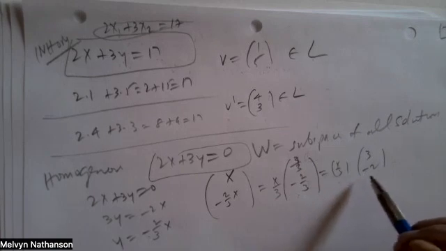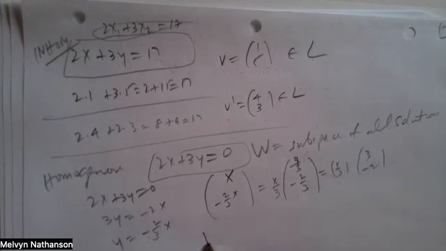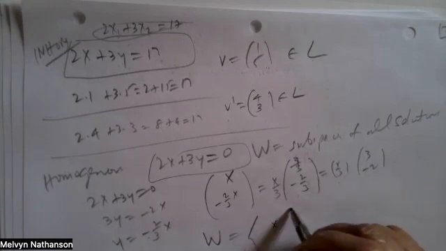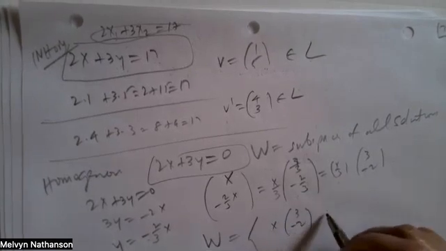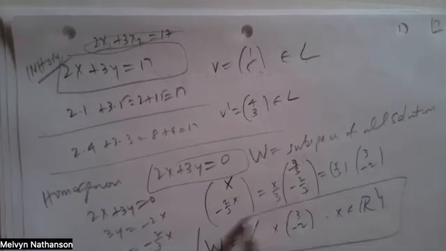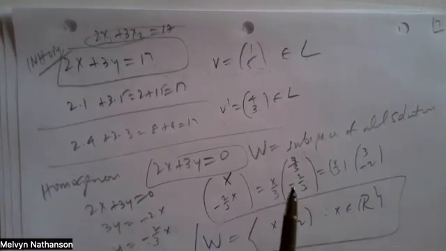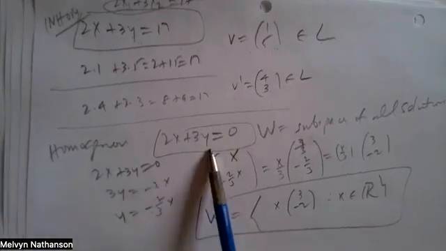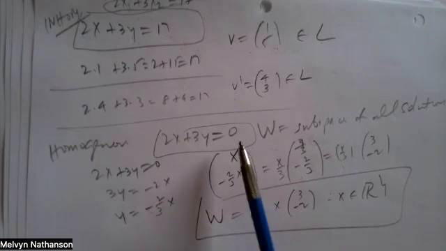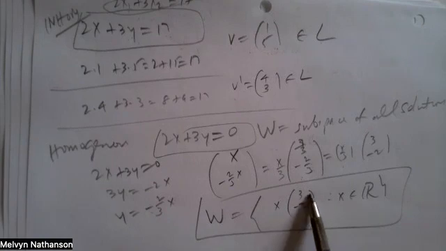And if x can be anything, then I can write W as the set of all scalar multiples of the vector (3, -2). So every solution of the homogeneous equation is some multiple of the vector (3, -2).